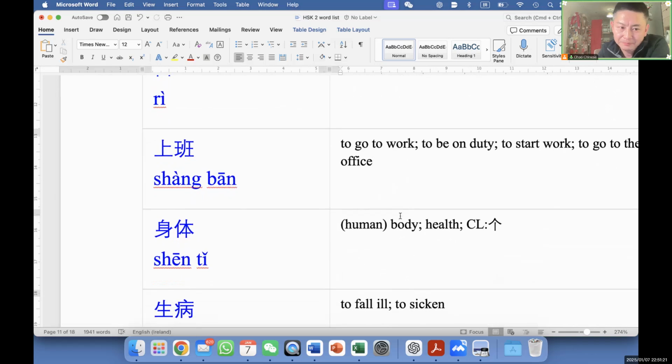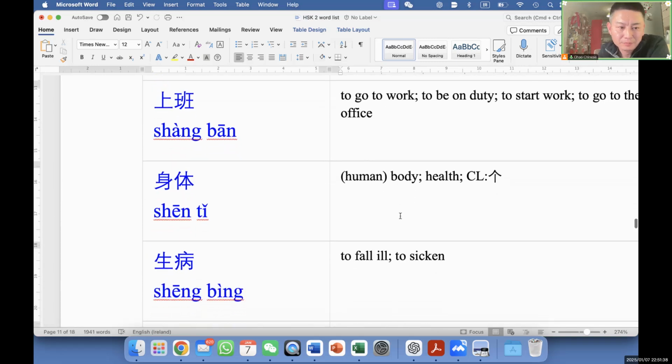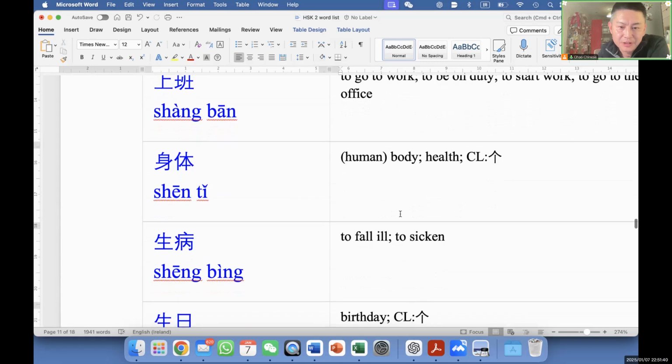身体 is your body. 你的身体怎么样? How's your body? Okay. 身 is just body. 体 means also a body, I don't know, hard to explain. Some sort of a body. So, 身体健康.